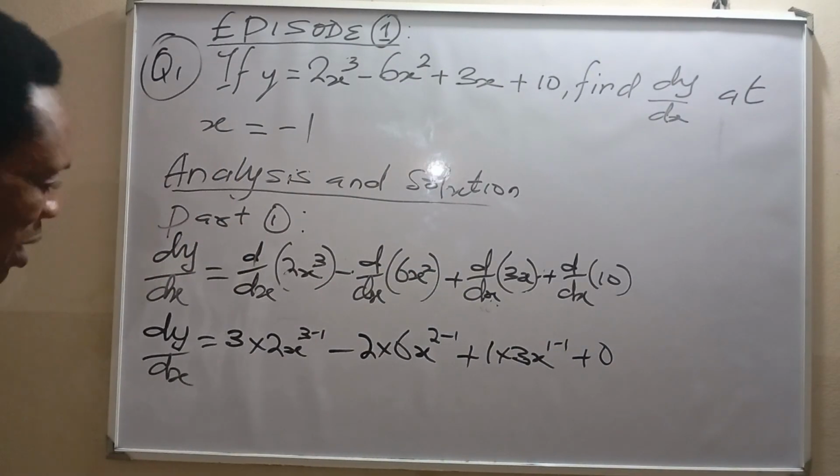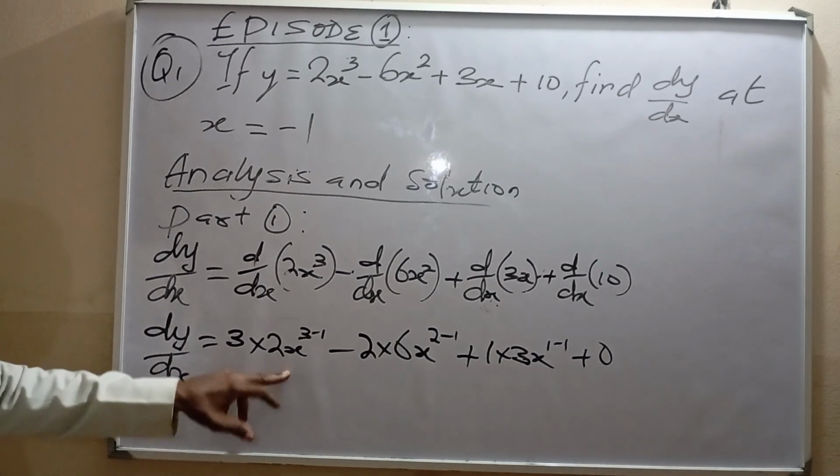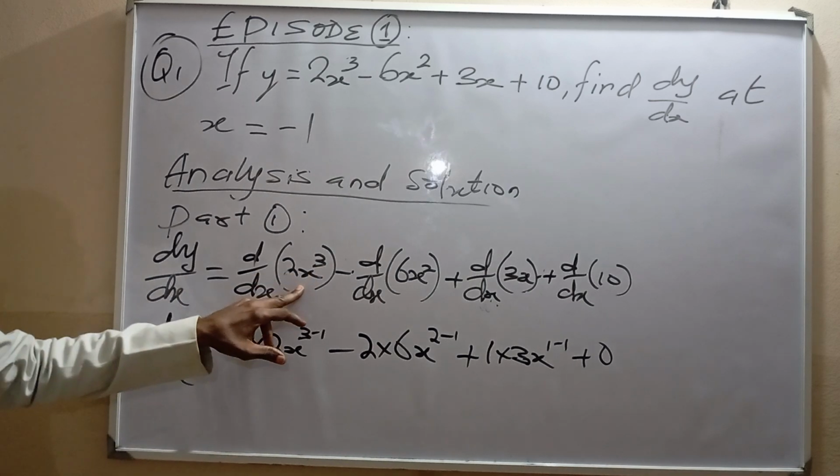So what I did is this: 3 times 2x raised to the power of 3 minus 1. You use the power to multiply with the coefficient of the variable.